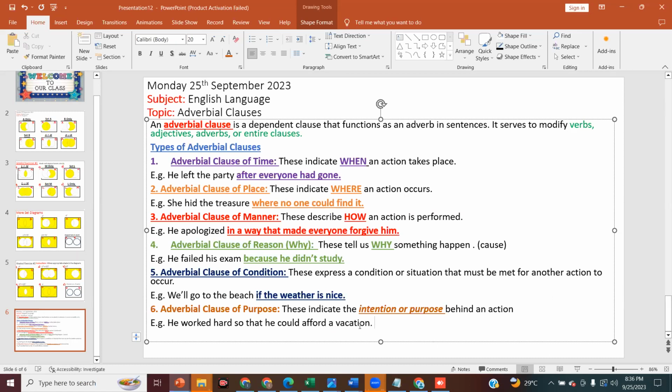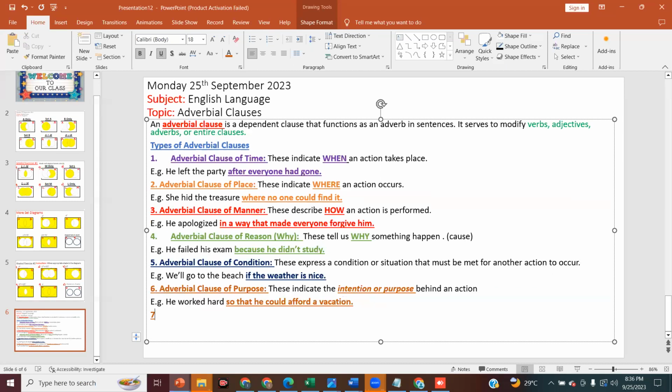What is the adverbial clause? You can't start with "worked hard." You have to start with "so that he could afford a vacation." That's the reason why he worked hard. That's the adverbial clause of purpose.